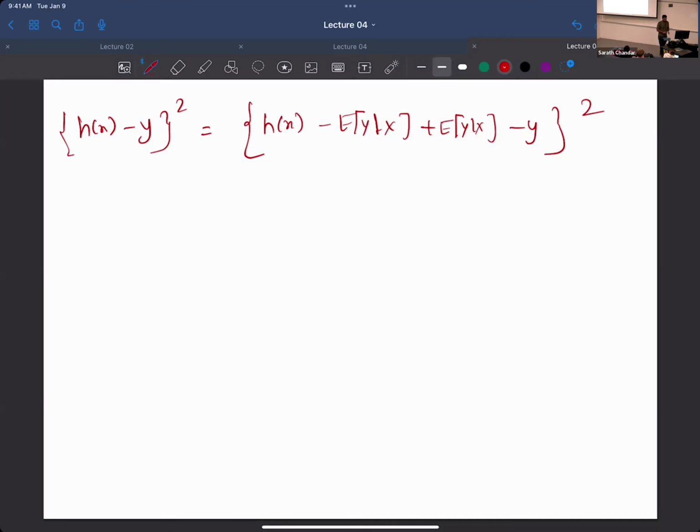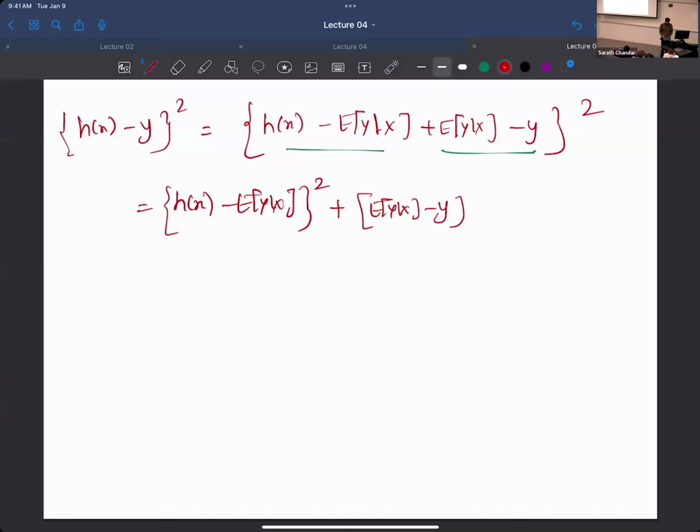I'm just adding and subtracting E of y given x. So now I can consider this as a plus b the whole square. So this becomes h of x minus E of y given x the whole square plus E of y given x minus y the whole square plus 2 times h of x minus E of y given x times E of y given x minus y. Okay, so all I have done is just a squared plus b squared plus 2ab.